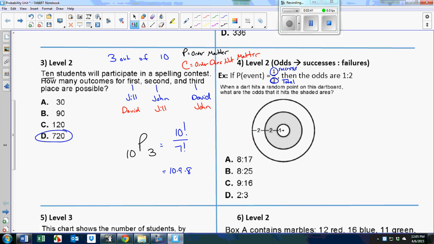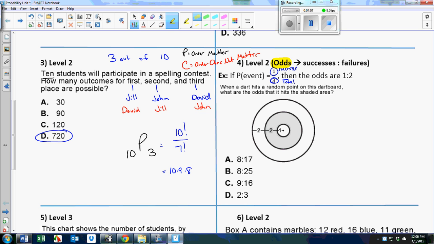Example, getting a 1 or a 2 when you roll a standard die. There's 2 successes out of 6, so that reduces to 1/3. What's the odds of rolling the die and getting a 1 or a 2? Well, that's the new concept.